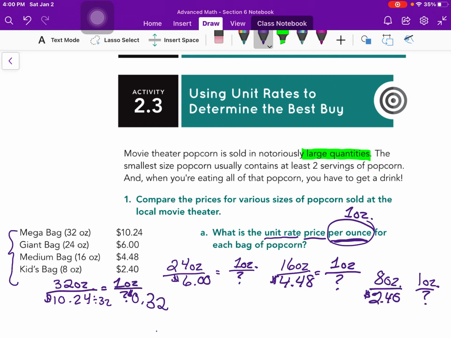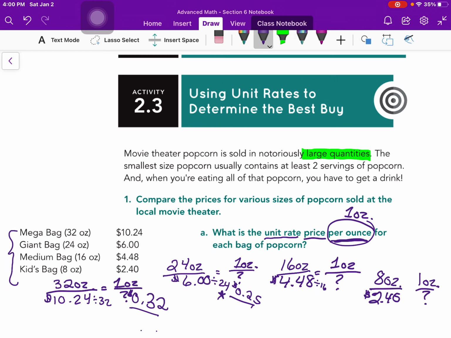Not bad. We go on to the second one, and we divide $6 by 24. So we have 6 divided by 24. This one costs 25 cents. 32 cents, 25 cents. I think this is a better deal so far.